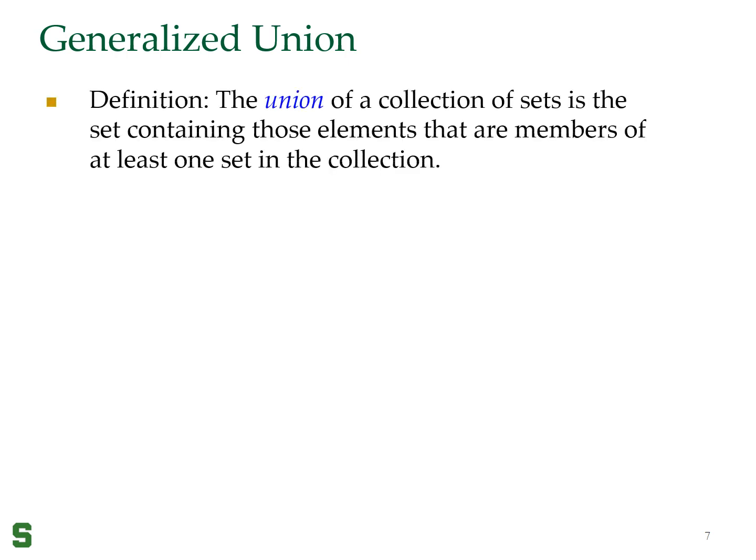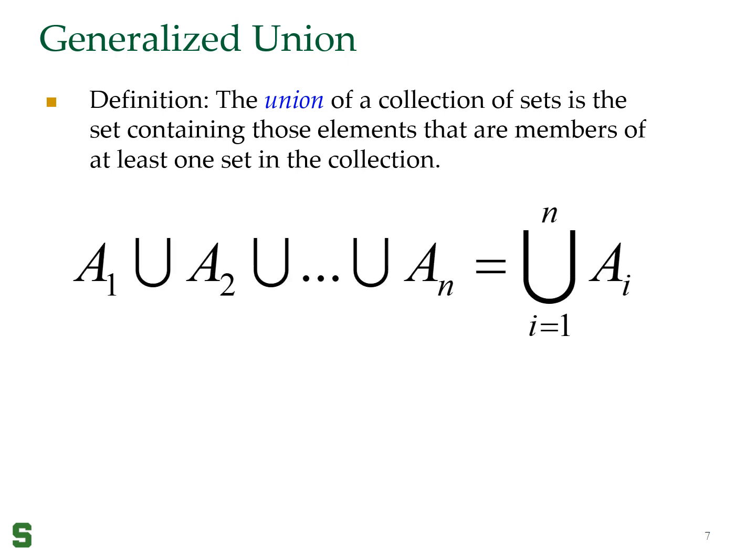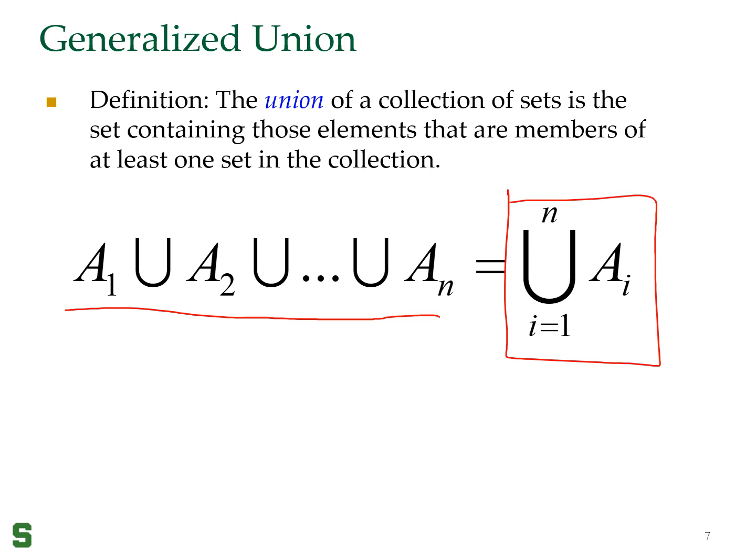A few more operations with sets. We can generalize union to a collection of sets. So we can have sets A1 through AN, and we take the union of that, and that's represented by this operation. We write a big union symbol from I equal to 1 to n of AI, and essentially this will contain the union of all elements in each of these sets.